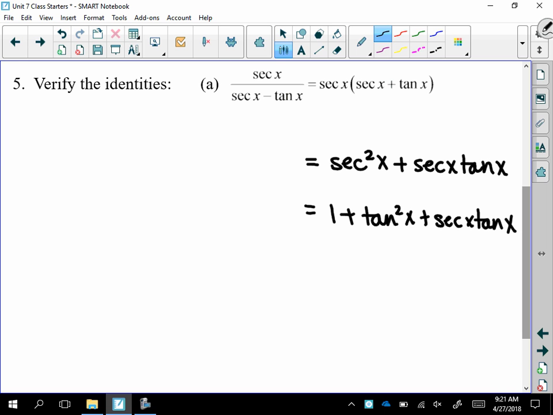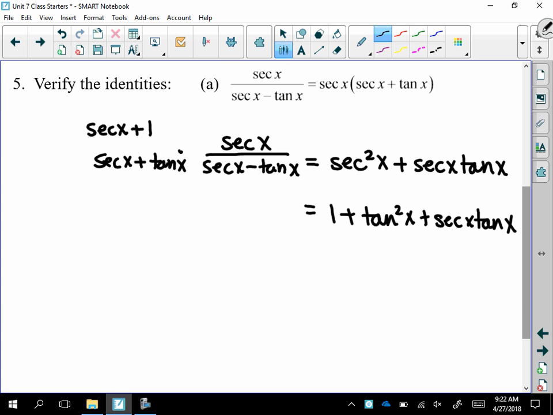Okay, so we have secant over secant minus tangent. So if you're saying if we multiply by secant plus tangent, oh, and then secant squared minus tangent squared was 1.